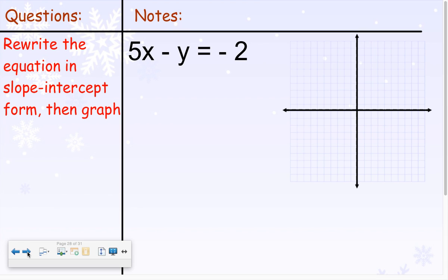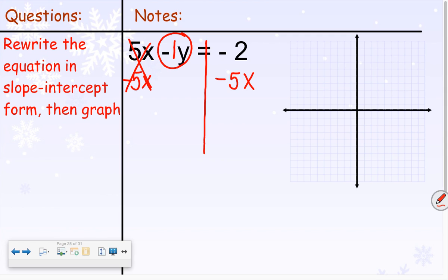5x minus y equals negative 2. For this one, I would squeeze a 1 in there, and negative y is the same as negative 1y. So this problem will be easier if we think of the y as having the coefficient of negative 1 in front of it. So subtract 5x on both sides. Bring down your negative 1y. So then negative 5x, negative 2.